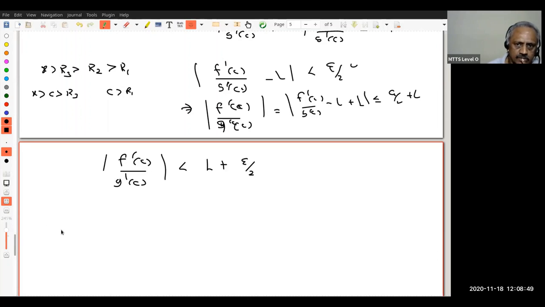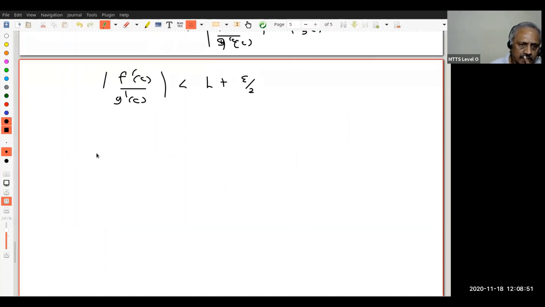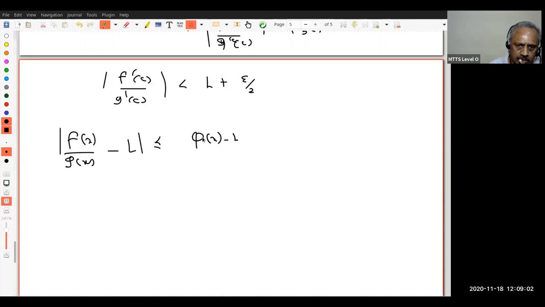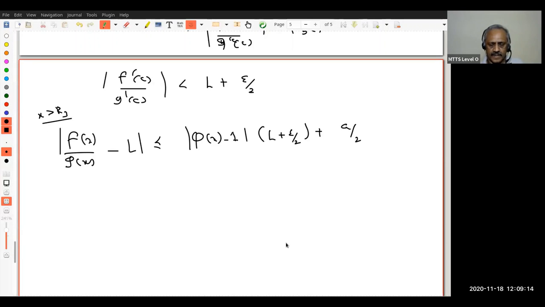Okay. Now let's go back to this. Therefore, |f(x)/g(x) − L| is less than or equal to |φ(x) − 1| into (L + ε/2) plus ε/2. This is true for all x greater than R3. But I want this to be less than ε/2 now. How do I make sure?